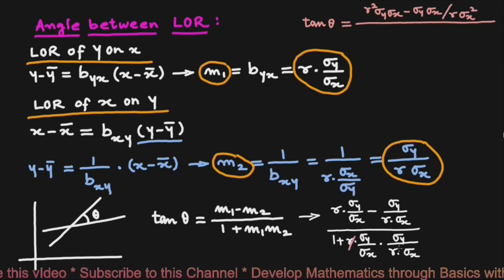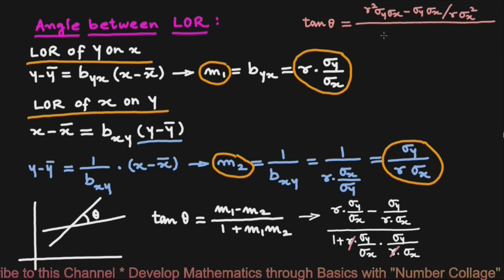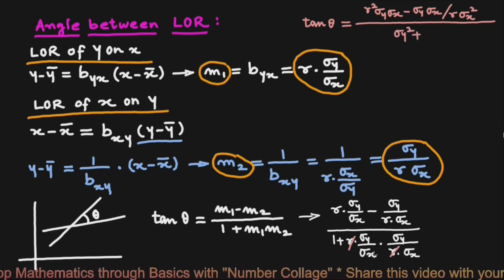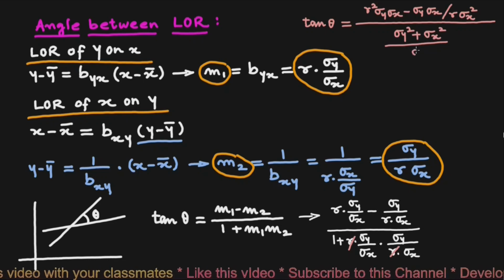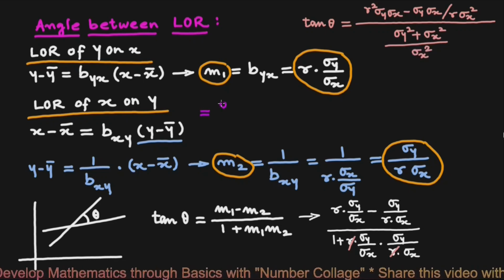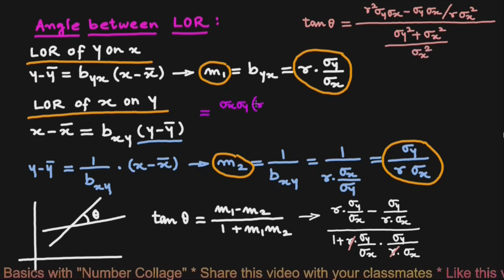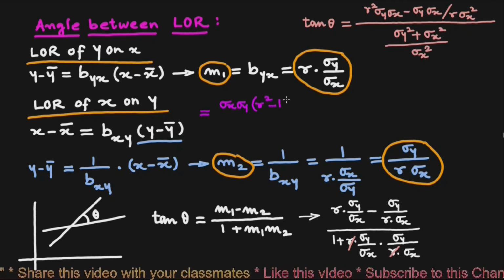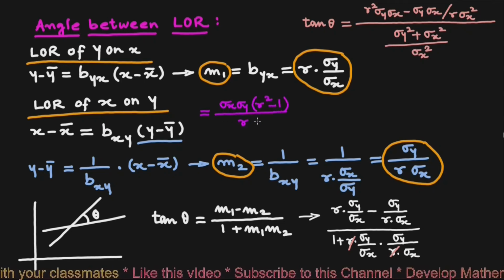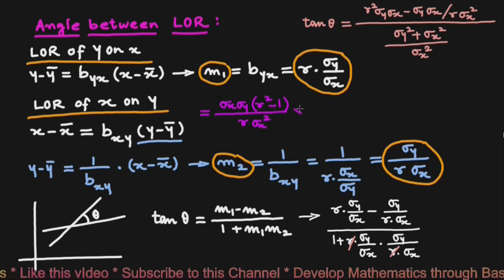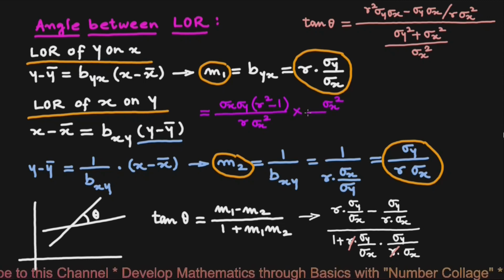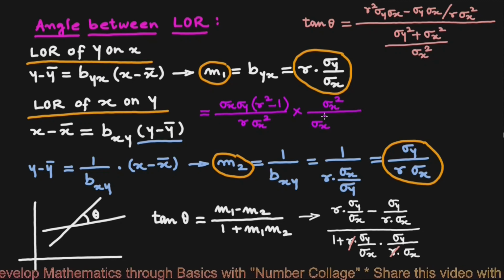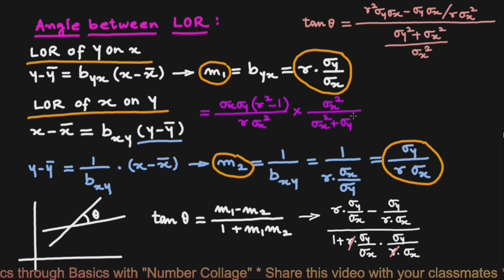upon, this r cancels with this r, sigma y square plus sigma x square upon sigma x square. Taking sigma x sigma y common, multiplied by (r square minus 1) upon r sigma x square, multiplied by sigma x square upon (sigma x square plus sigma y square).